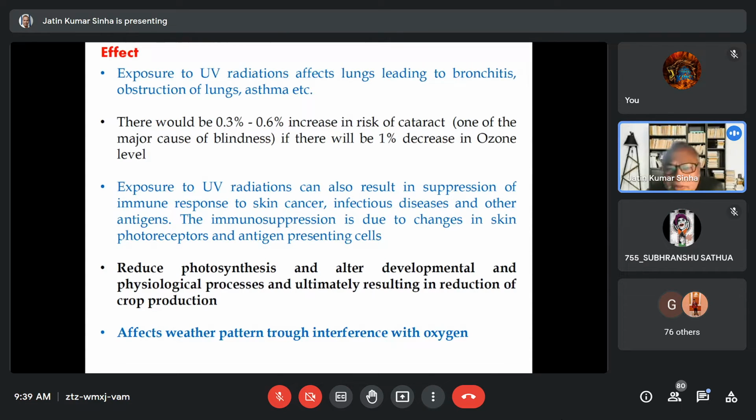But to some extent, the activities that we do in our daily life, in terms of industrial activities and transportation, are affecting our atmosphere, which directly or indirectly affects the weather pattern, the crop health, and also our health. So these are the things we may get due to the depletion of the ozone layer.